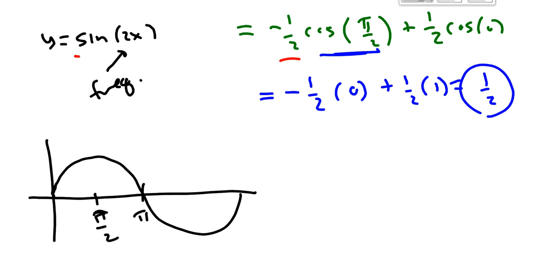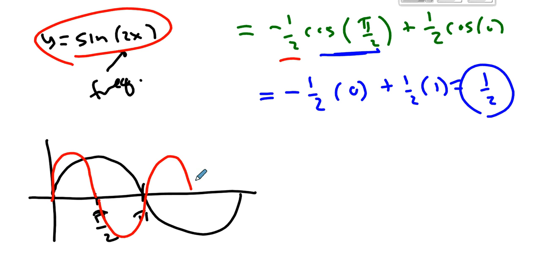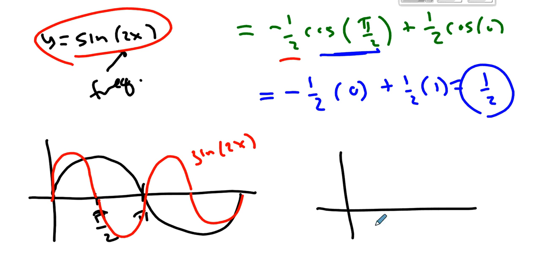This function up here, y equals sine 2x, ends up getting everything done in sort of half the distance. That's a terrible picture, but you'll just have to forgive me for it. So this red curve is the sine of 2x. In our new integral, we graphed y equals sine 2x, so we had this horizontally compressed figure.